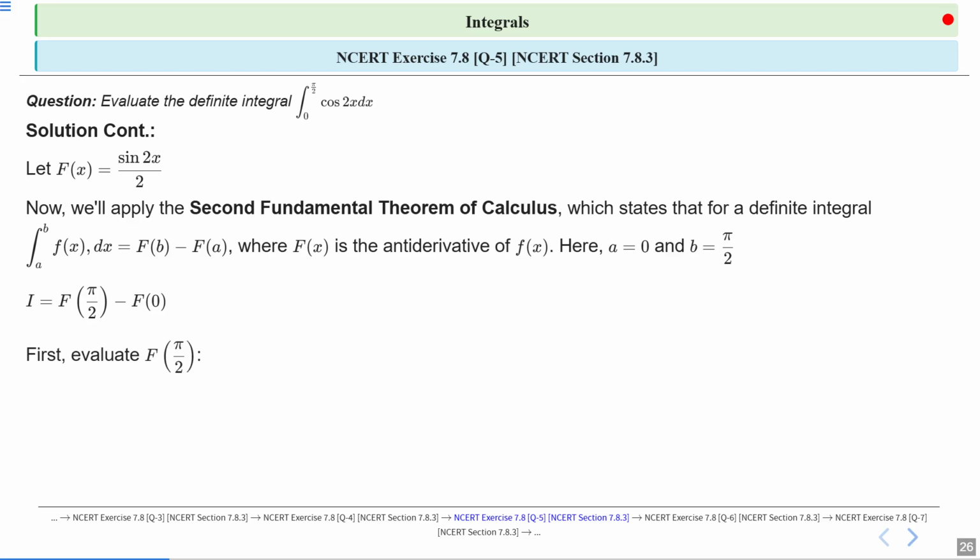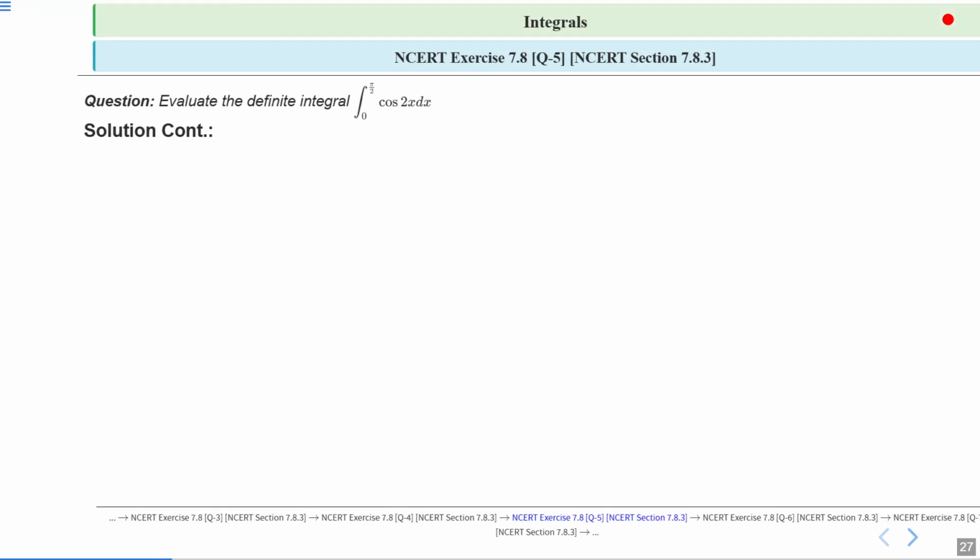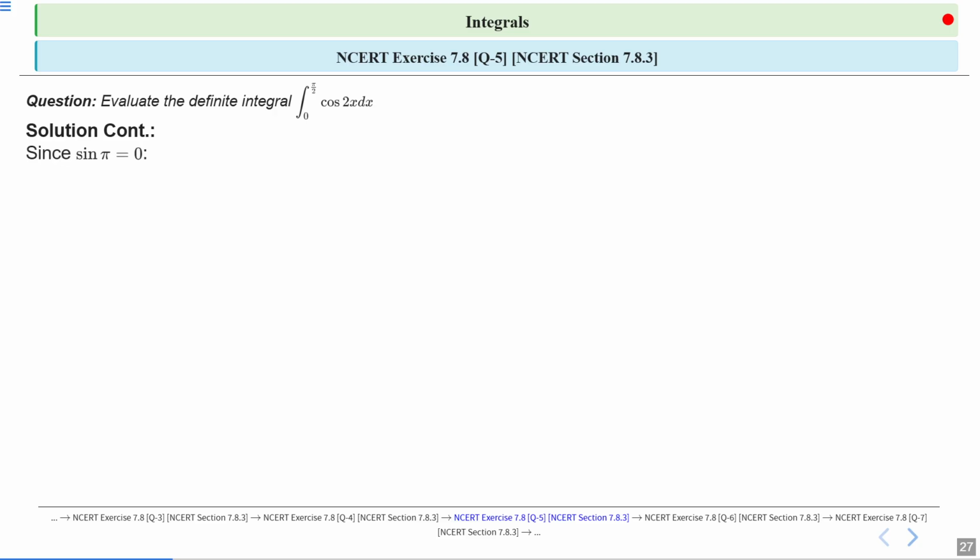So at first let's find f at π/2. It becomes sin(2·π/2)/2, that is sin π by 2. Since sin π is equal to 0, f(π/2) is equal to 0 by 2, that is 0. Next evaluate f(0).